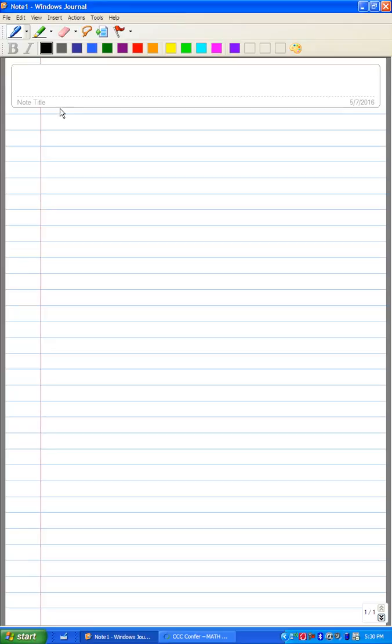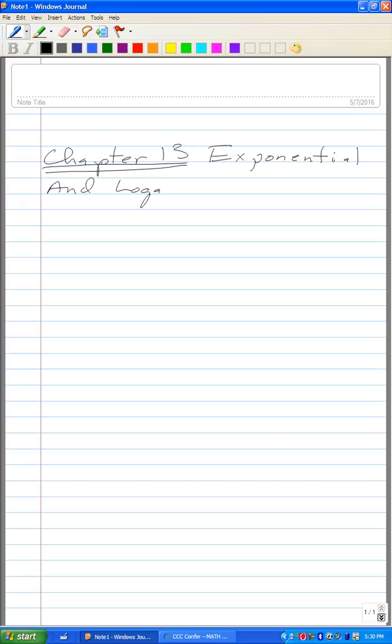Chapter 13, Exponential and Logarithmic Functions.